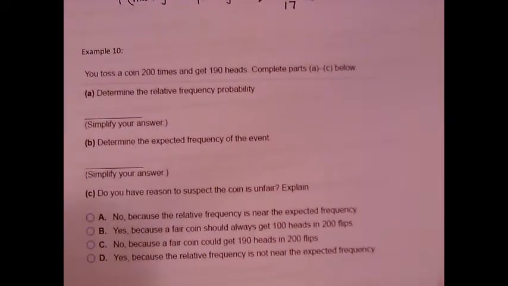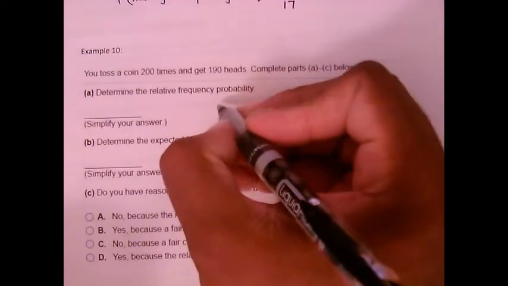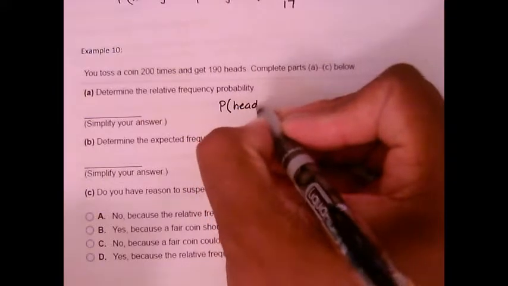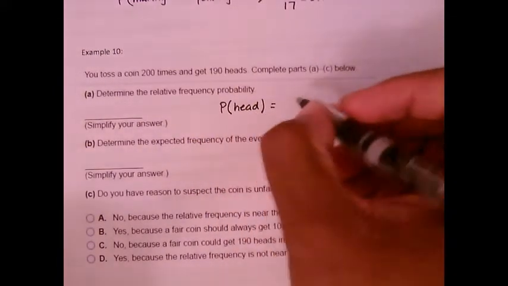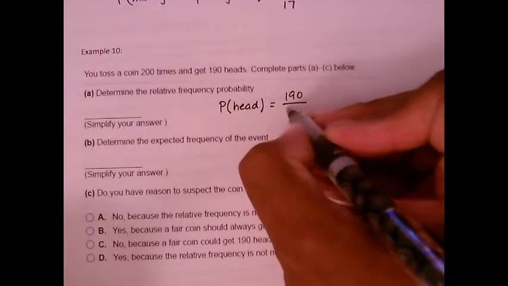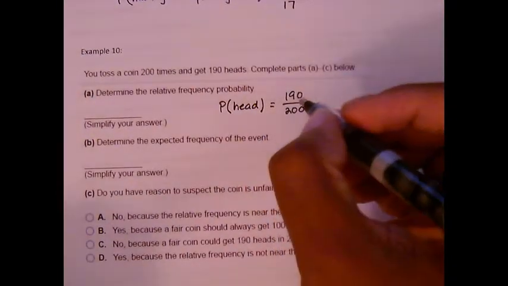All right, here's the next example. You toss a coin 200 times and get 190 heads. Complete parts A through C below. Here we're going to determine the relative frequency probability. So the probability of getting a head when you toss a coin 200 times is going to be 190 divided by 200.